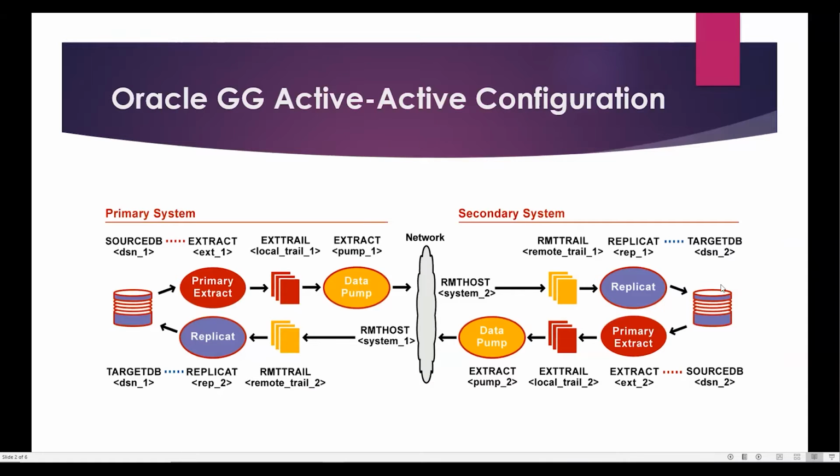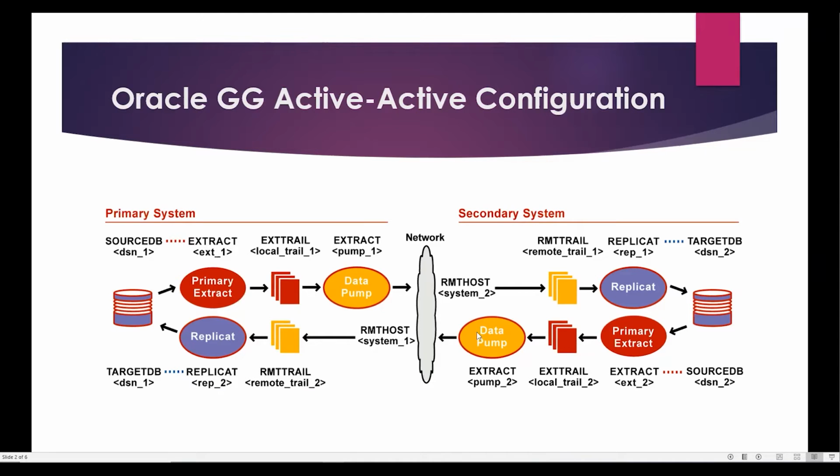In case of bidirectional configuration, this will become a source database again, and a primary extract will work on this side also. And we will have a data pump running. It will extract the data from this new source database and write it in the extract trail files.